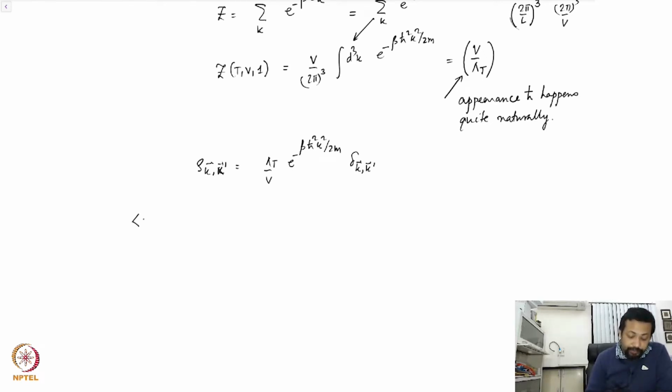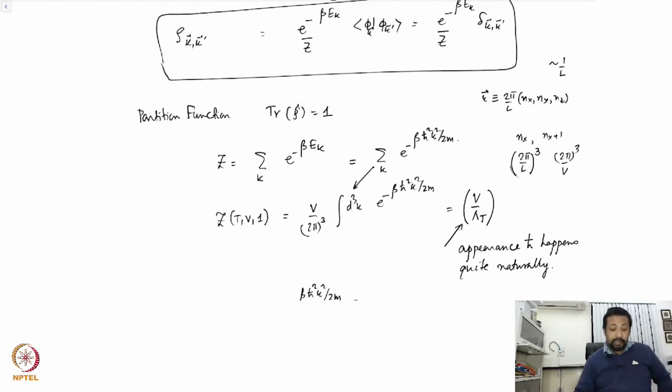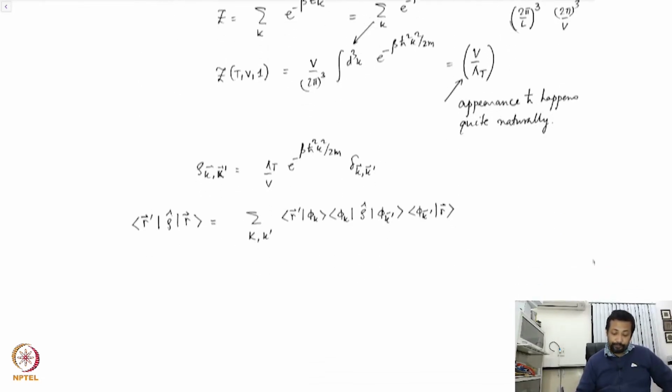So in the coordinate representation would mean that I have r prime, rho hat, r, right? So I will write down r prime phi k, rho hat phi k prime, r. I introduce the completeness of this, and this quantity I already know, right?